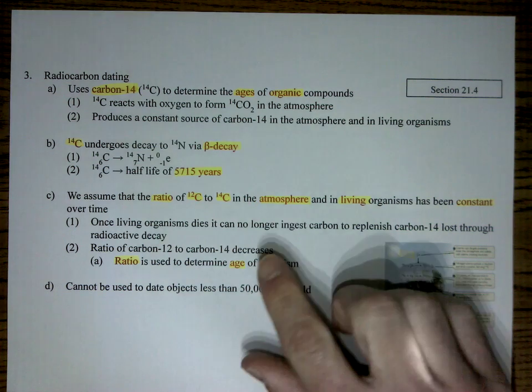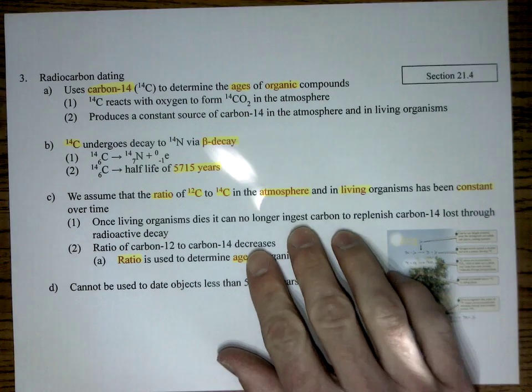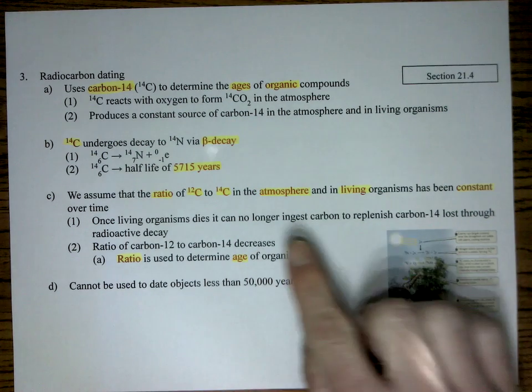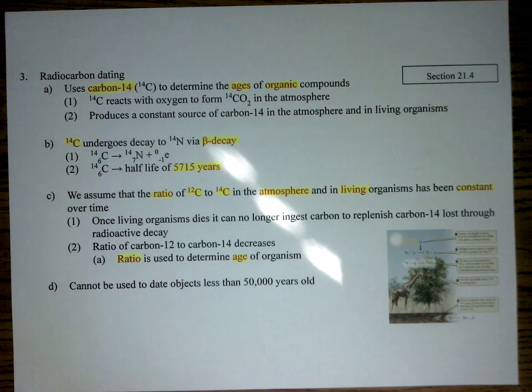It's all based on the ratio of carbon-12 to carbon-14. It deals with the atmosphere and those living organisms, but it does utilize that half-life, the specific half-life of certain isotopes.